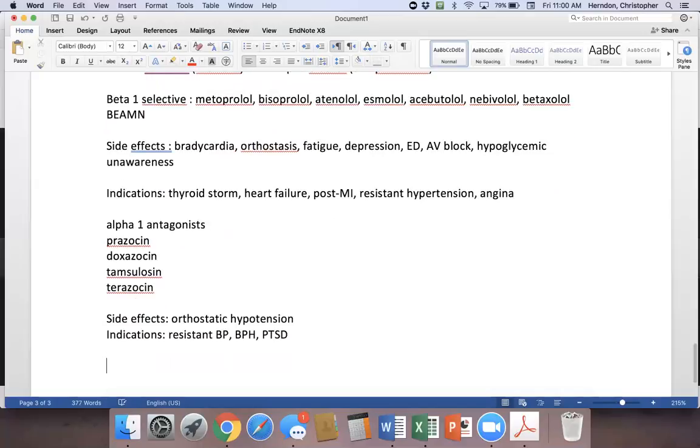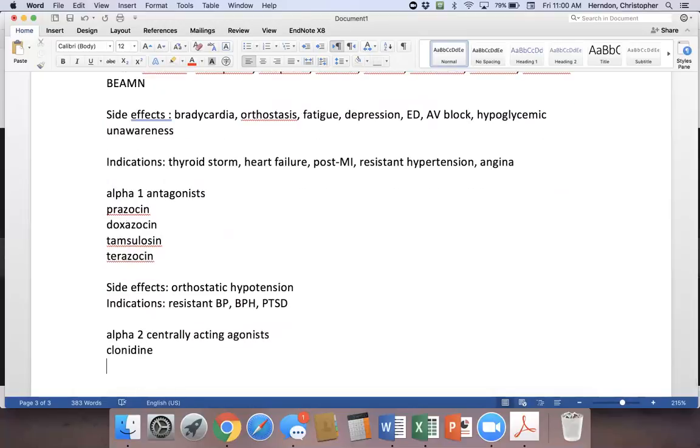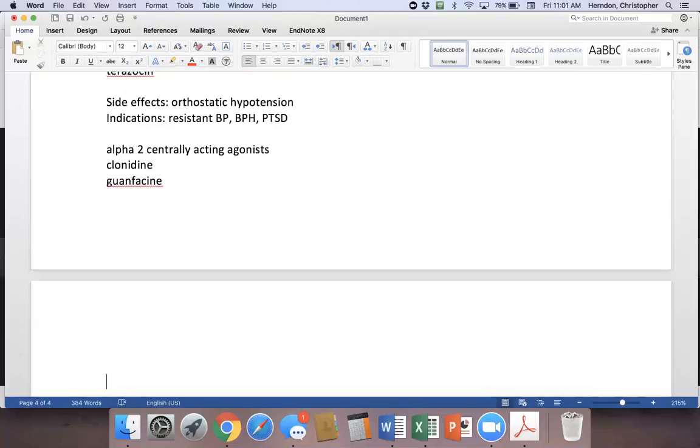Okay. All right. Alpha 2 centrally acting agonists. Clonidine, thank you. What else? How about guanfacine? Okay. Side effects. Consider methyldopa.